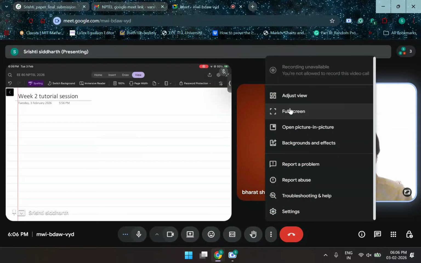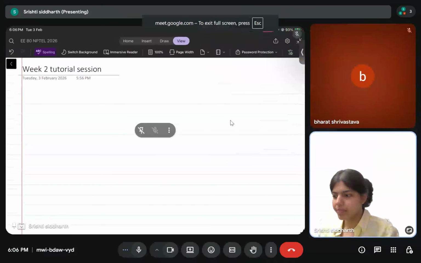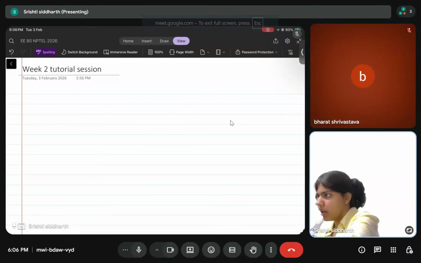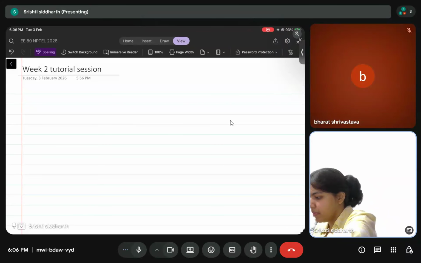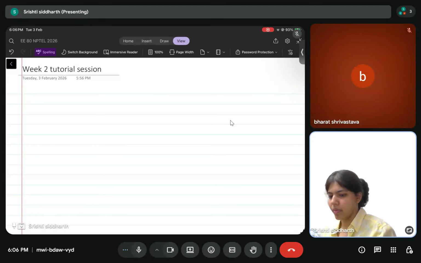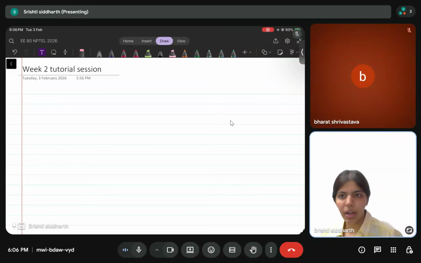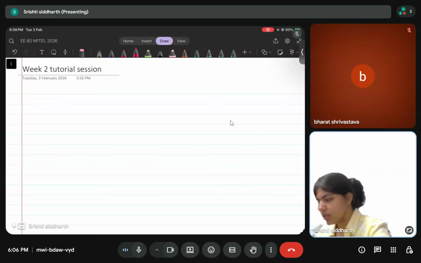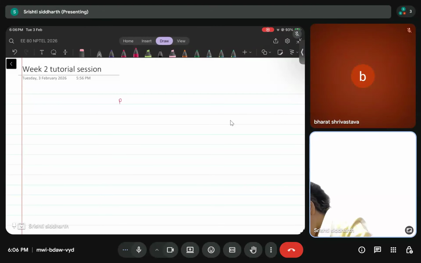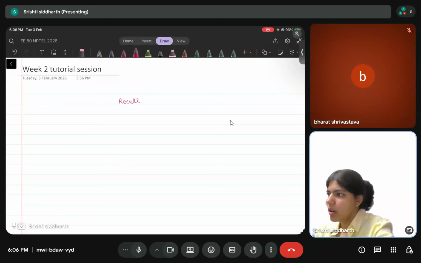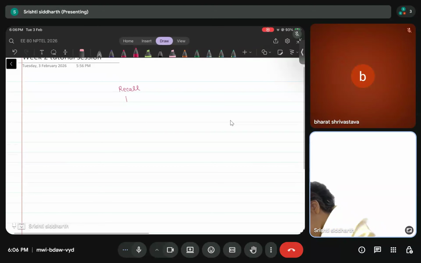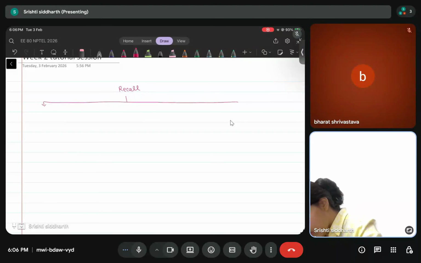Alright, let's begin. So let's begin by recalling the concepts that were taught in the second week session. The first one is to convert a state space model to its transfer function.